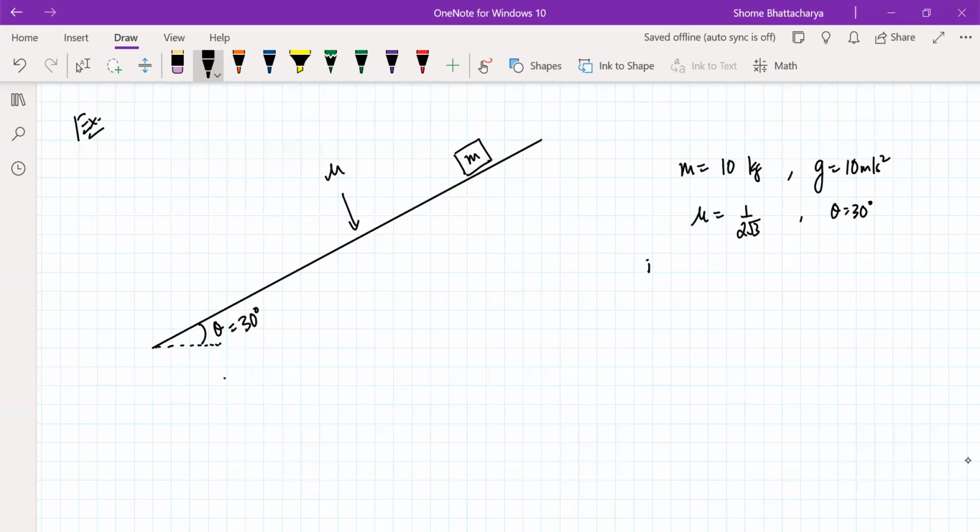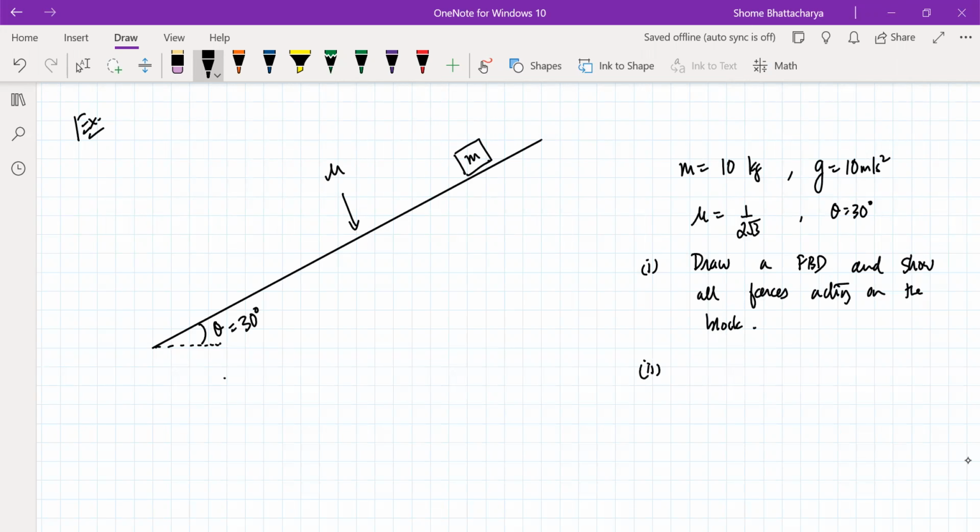So first of all, draw a free body diagram and show all the forces acting on the block.